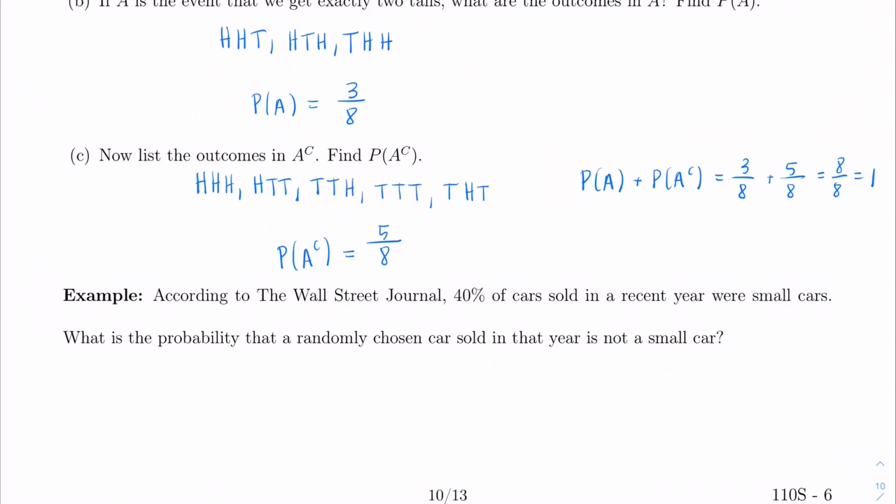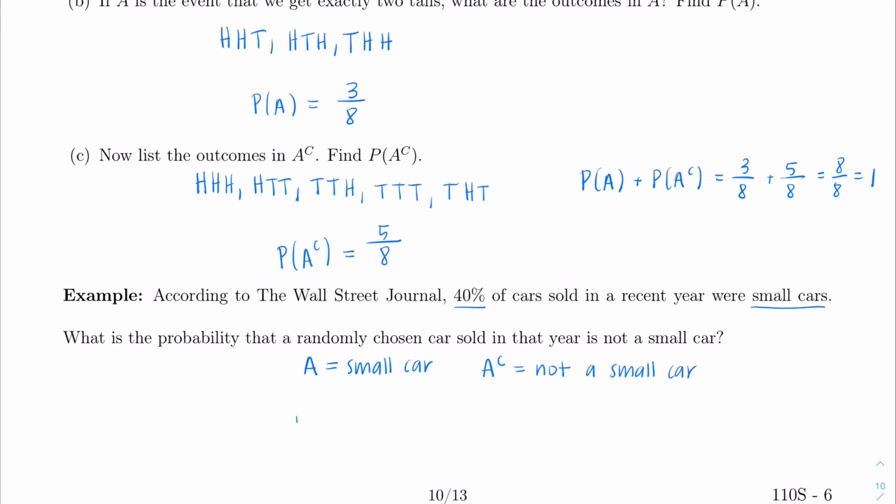Let's move on to this next example, which says that 40% of cars sold in a recent year were small cars. It wants us to find the probability that any car chosen during that year that was sold was not small. This is an example of complements, because if I let A be the event small car, then the complement of A would be not a small car, so anything else.